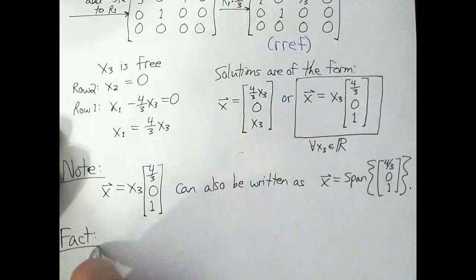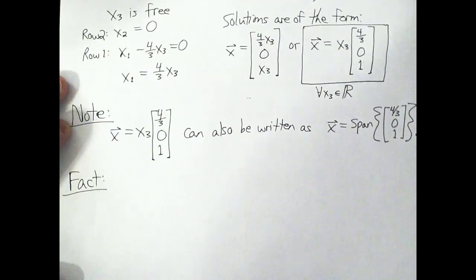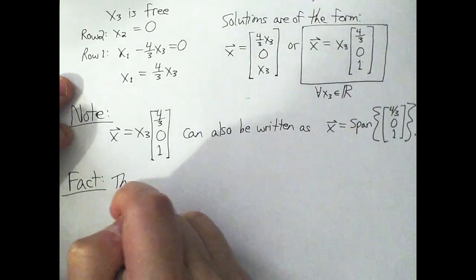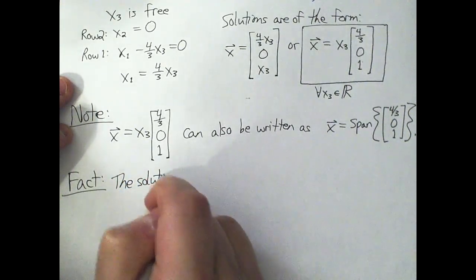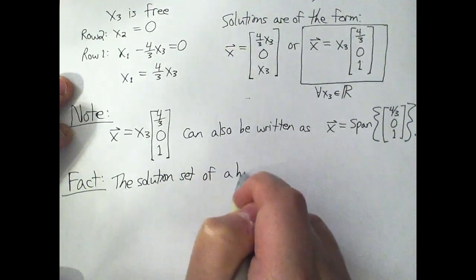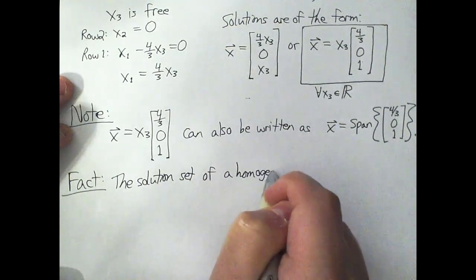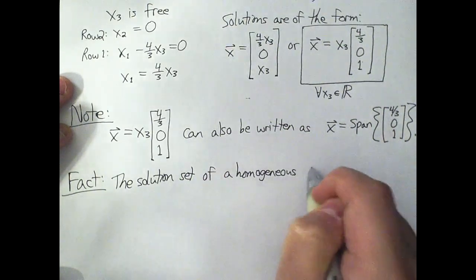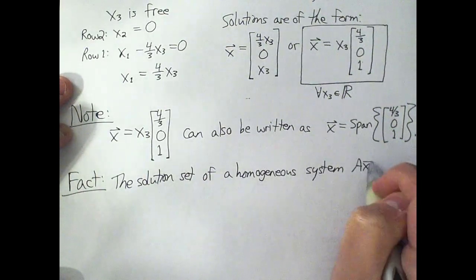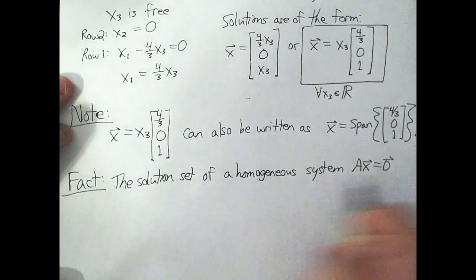I have a fact to tell you that goes beyond just this problem. Fact: the solution set of a homogeneous system. I'll remind you what that means. That means the right-hand side is 0.